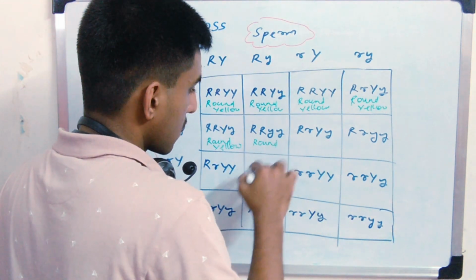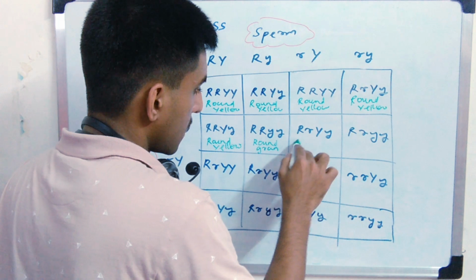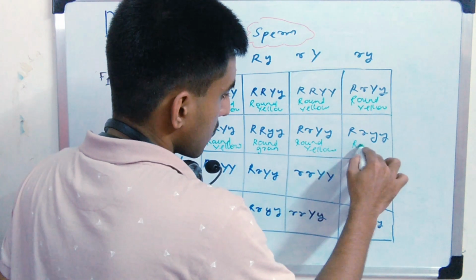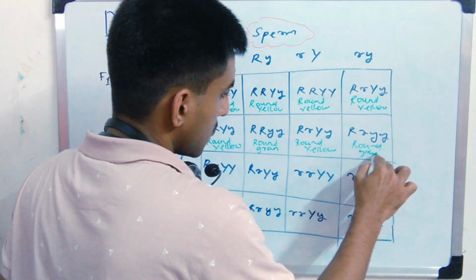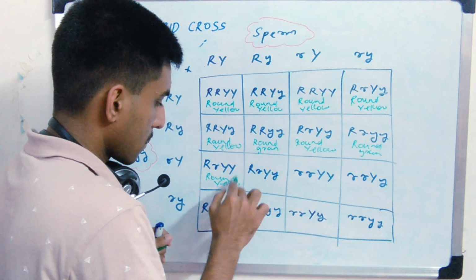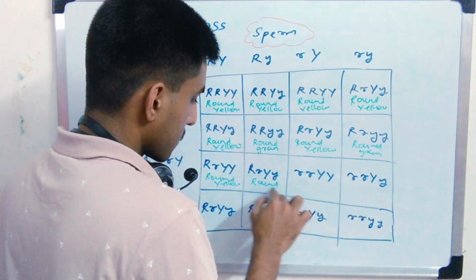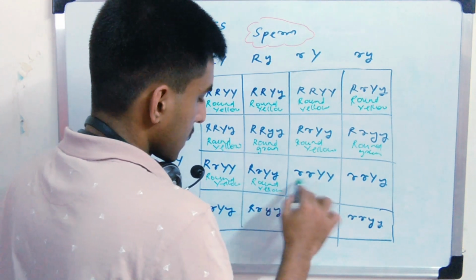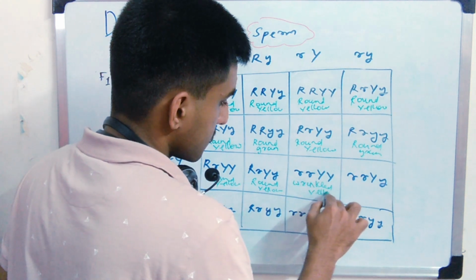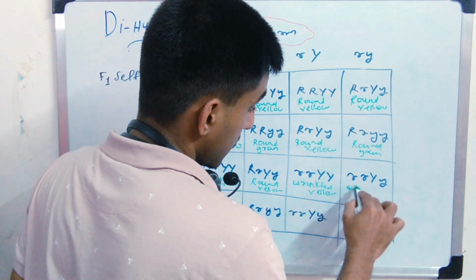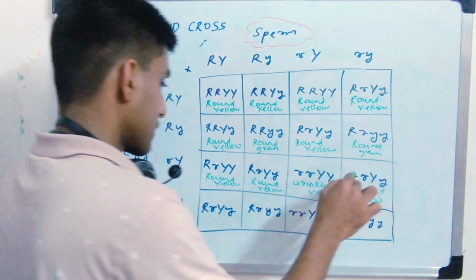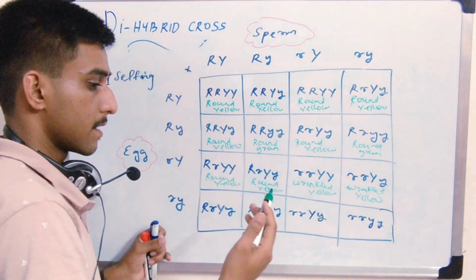Here round green, round yellow. Here round green, round yellow. Here round yellow. Here wrinkled yellow. Here wrinkled yellow. I think you understand how I am writing it, because it is in the heterozygous dominant form.